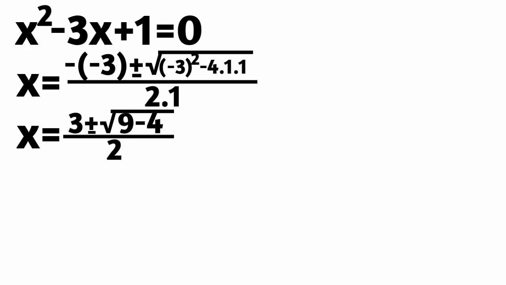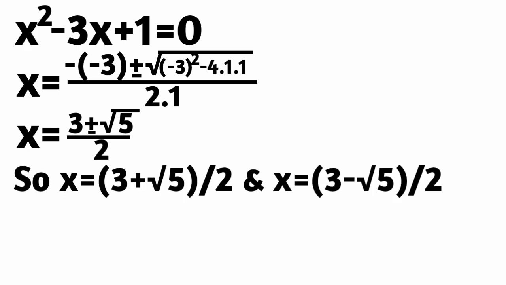Then by simplification we get 3 plus minus 9 minus 4, which gives 5. So here we get two values of x: one is 3 plus root 5 divided by 2, and the other is 3 minus root 5 divided by 2. Both values have different numerical values. One is more than 2 and the other is less than 2.